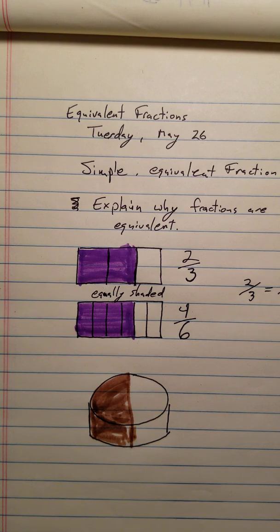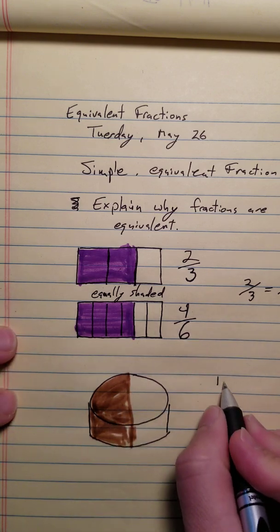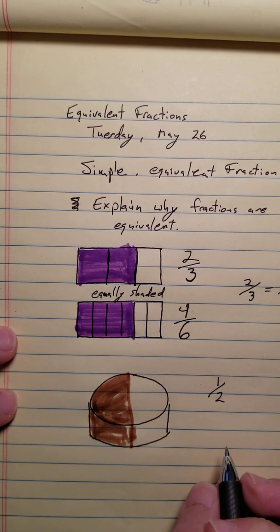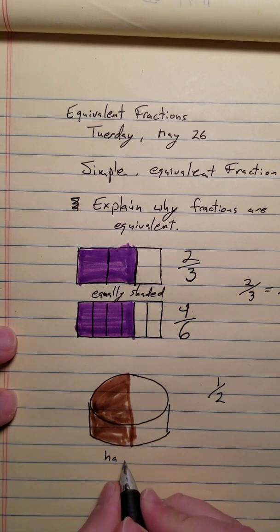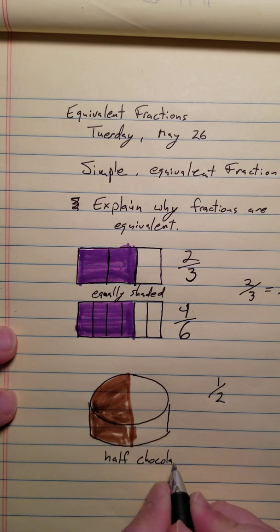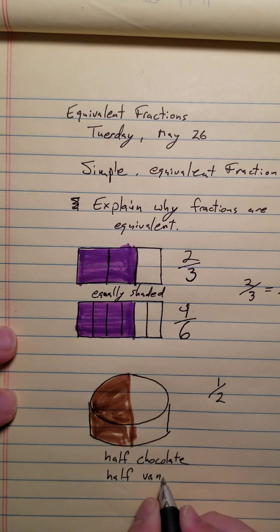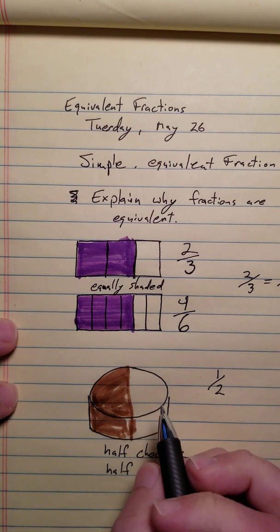So since it's got chocolate frosting on half of the cake, you could say half of the cake is frosted with chocolate. Half chocolate, half vanilla.